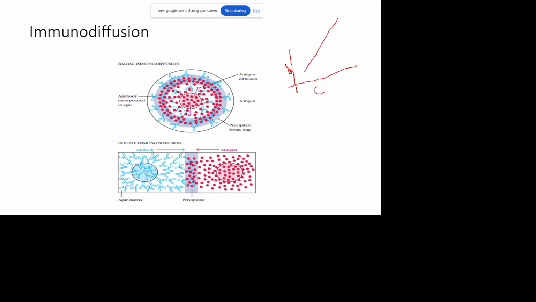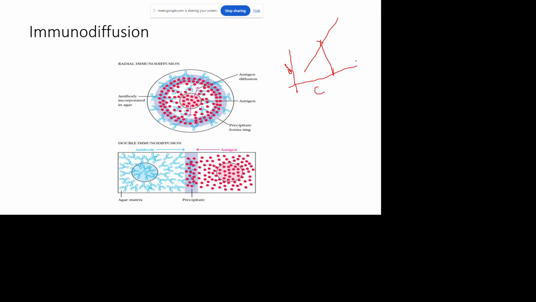Now you will add an antigen whose concentration is yet to be measured. You will add it into this well, and you will measure its distance of migration where you are getting the precipitation line. Then you will plot this distance here, and you can find the corresponding concentration of the unknown antigen by using this standard curve.